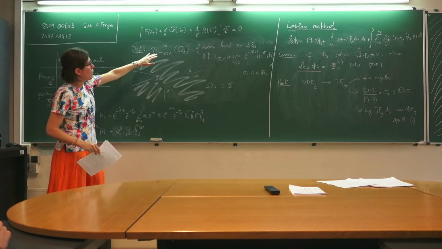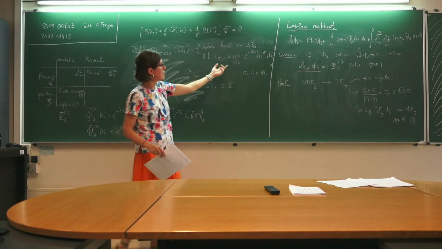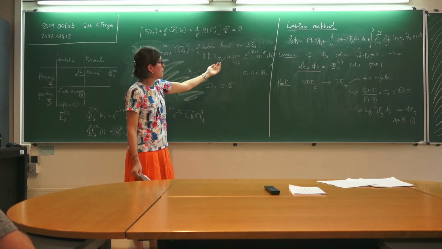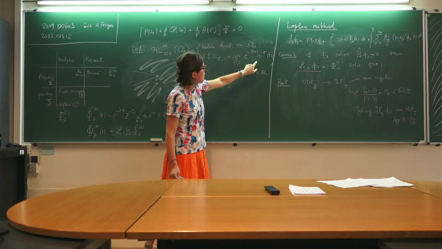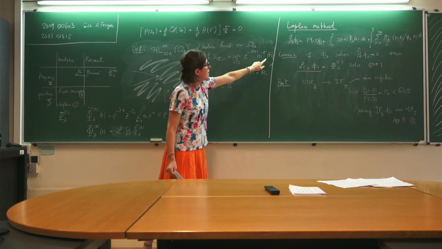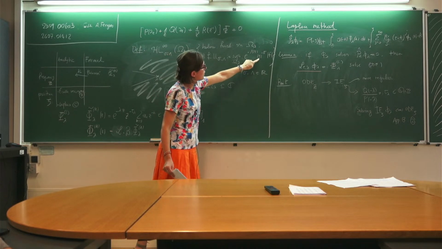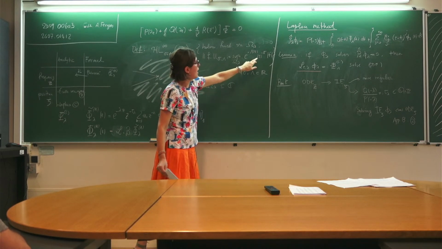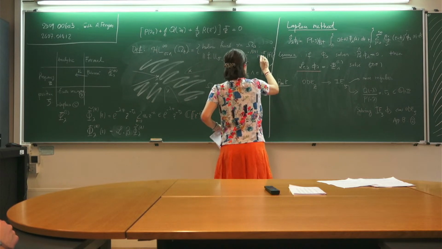So what is this space saying? It's a space of functions which have a certain bounded norm. And this norm is given by controlling the behavior of the function close to the singularity lambda. Sorry, in fact, here I should put a lambda.